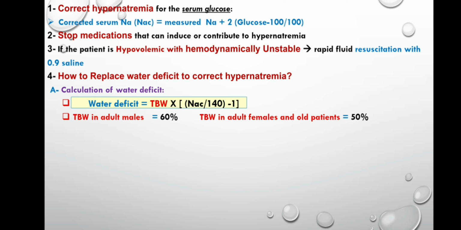So calculate the total body water, multiply it by corrected sodium, divide by 140, minus 1. This will give you the water deficit, what you need.